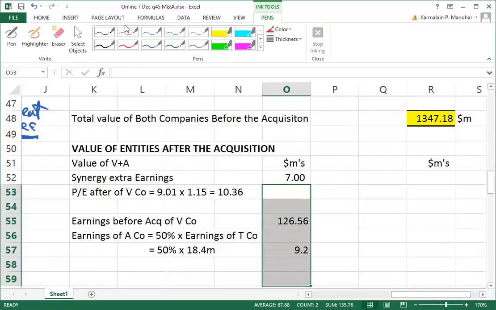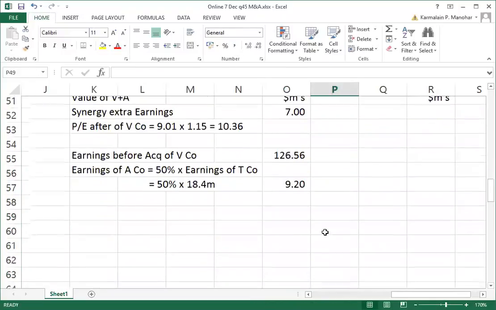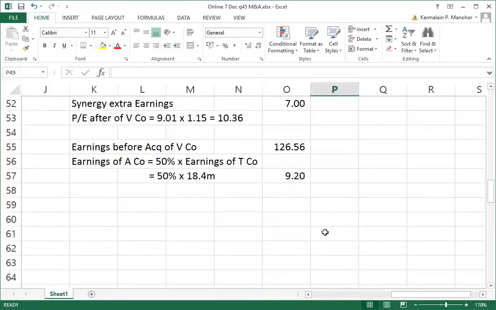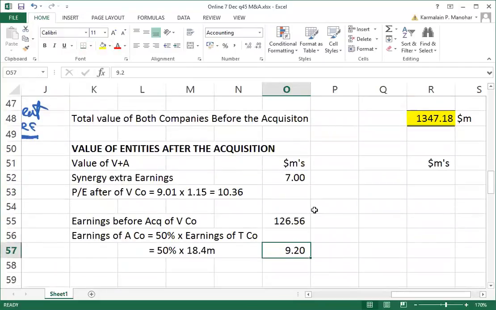So if all of this is your earnings, anything else affects our earnings? No, I think that's about it. Add that up.